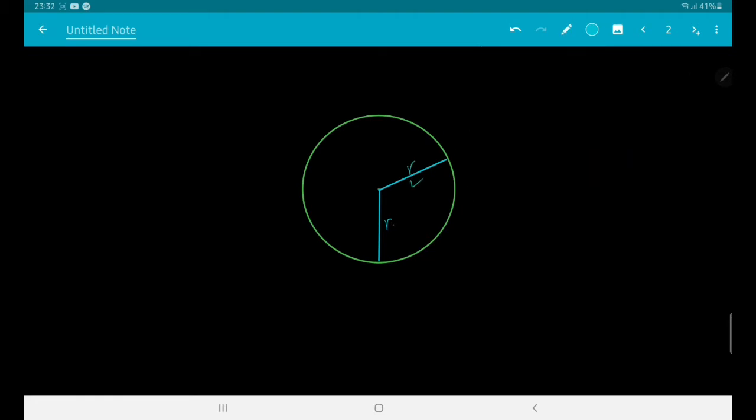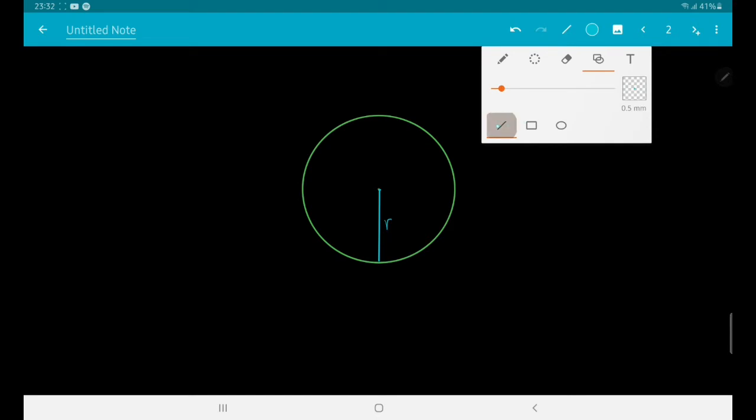So this is R and this is R. All the radii inside the same circle have the same length. It's a constant distance between the center and any point on the circumference.